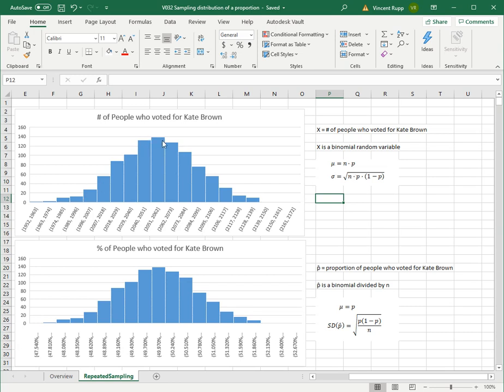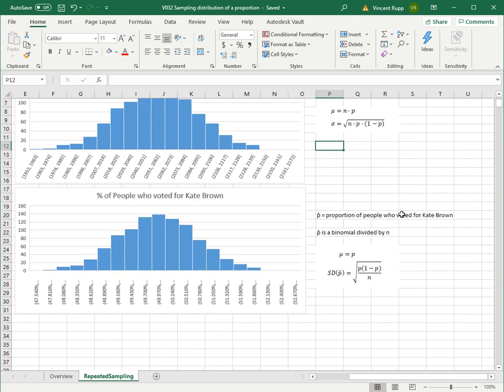You can see it is approximately normal, as we saw in our last video from module 5 on gaming. And the standard deviation is given by this formula, square root of n times p times 1 minus p. So if you make a histogram of those results, it looks approximately normal. The center would be at n times p. The standard deviation would be given by this formula, which is about this many people.